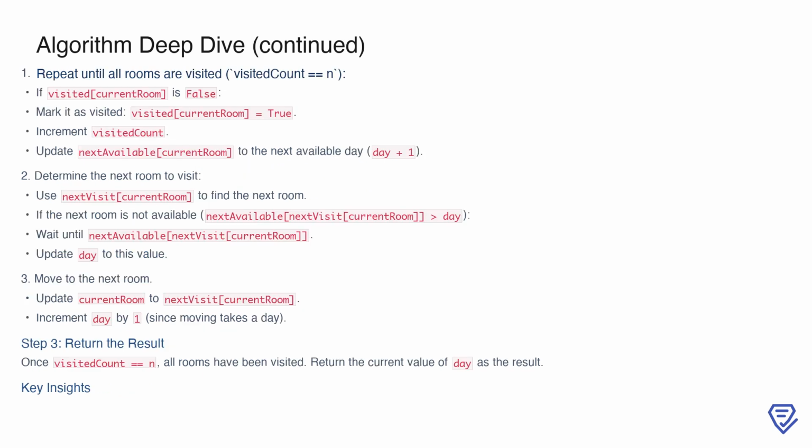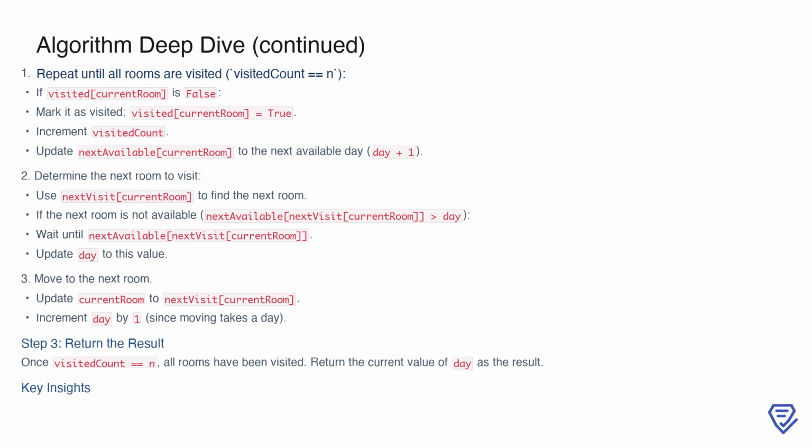The simulation begins by repeating the process until all rooms are visited. At each step, if the current room has not been visited yet, we mark it as visited and increment our visited count. We then update the next available array for the current room to ensure we cannot revisit it until the following day. After visiting the current room, we need to determine the next room to visit. This is done using the next visit array, which tells us the next room in the sequence.